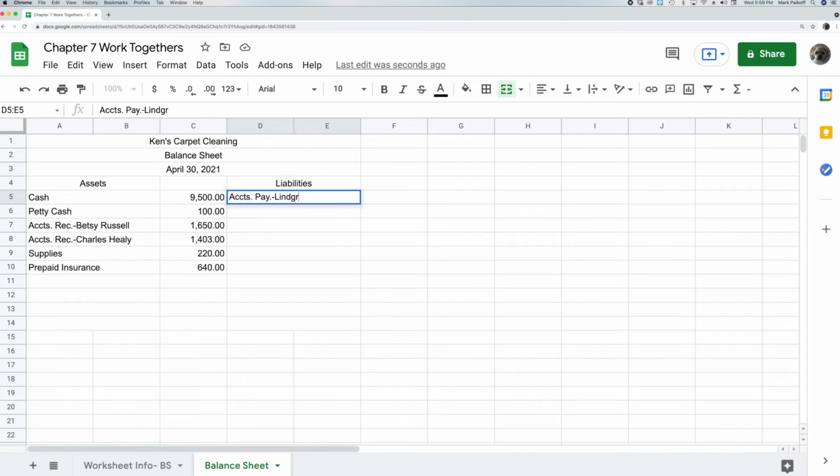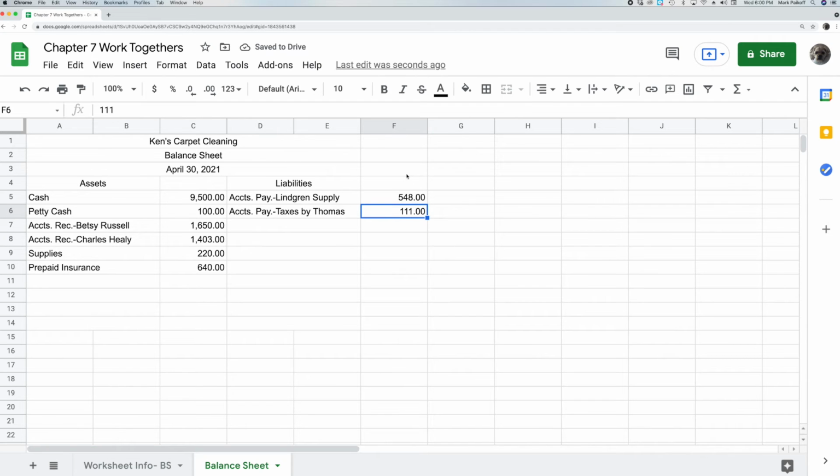And the amount is $548. And the second and final liability account is going to be accounts payable, Taxes by Thomas. And the amount is $111.